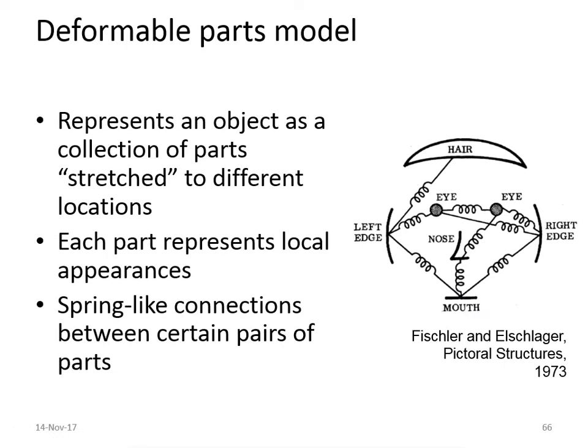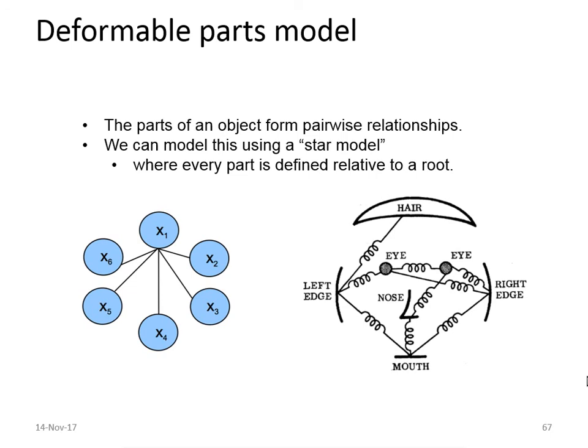The part model itself is quite general, so it doesn't say what kind of individual detector you use. Typically people use HOG or the Dalal-Triggs detector for detecting individual parts, and then combine them to get more accurate detection.